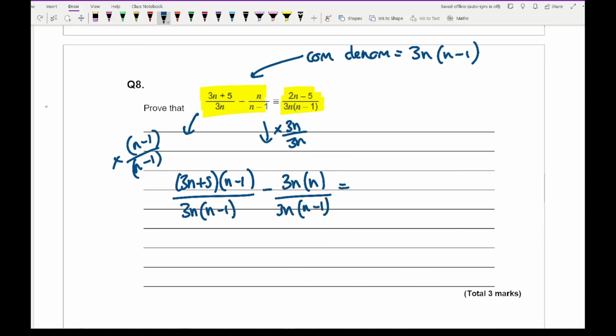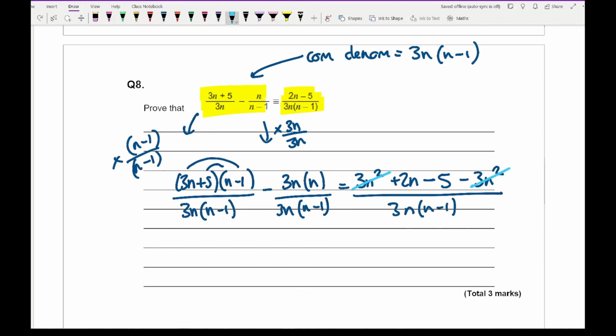Then simplifying the first numerator, I'm going to end up with 3n squared, and then I've got minus 3n plus 5n, which is 2n, minus 5 minus 3n squared, and that's all over 3n, n minus 1. Now from this, the 3n squared cancels out, so all I'm left with is 2n minus 5 over 3n, n minus 1, which again is what they wanted me to show.